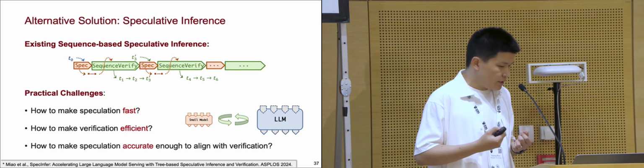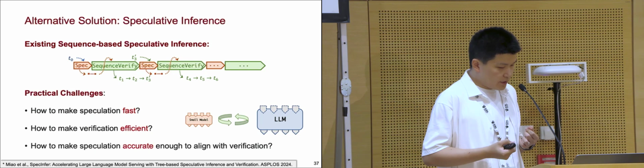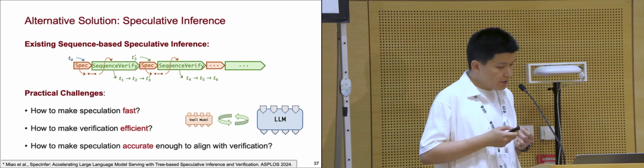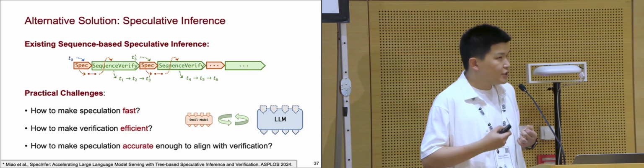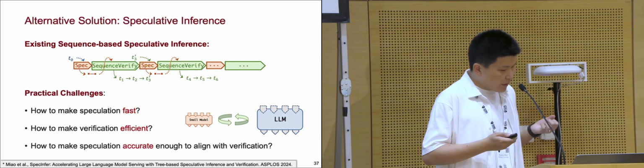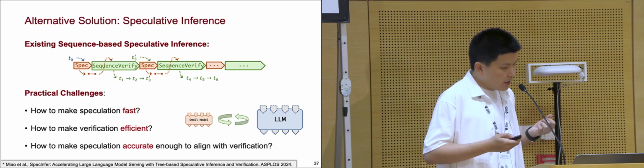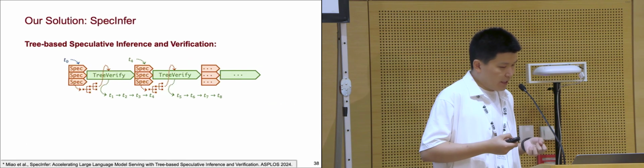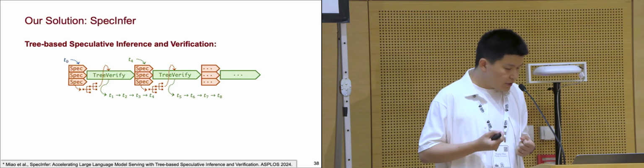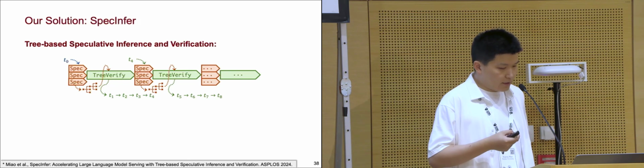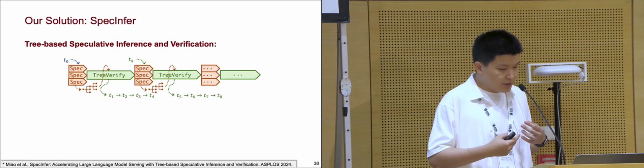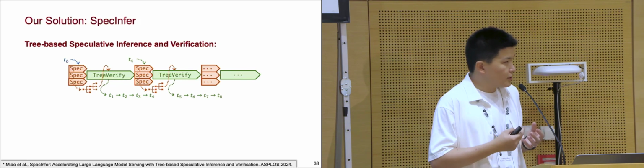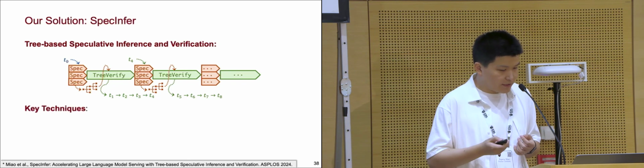However, this approach has difficulty achieving significant speedups in real-world applications due to several practical challenges. Here we list mainly 3 practical challenges. The first one is how to make the speculation fast enough, because the speculation of a small model, due to the data dependency, will also block the execution of the verification process.